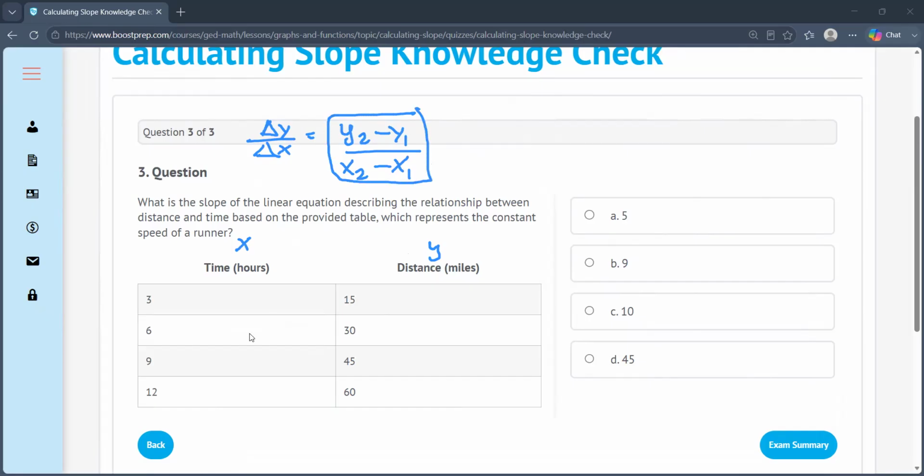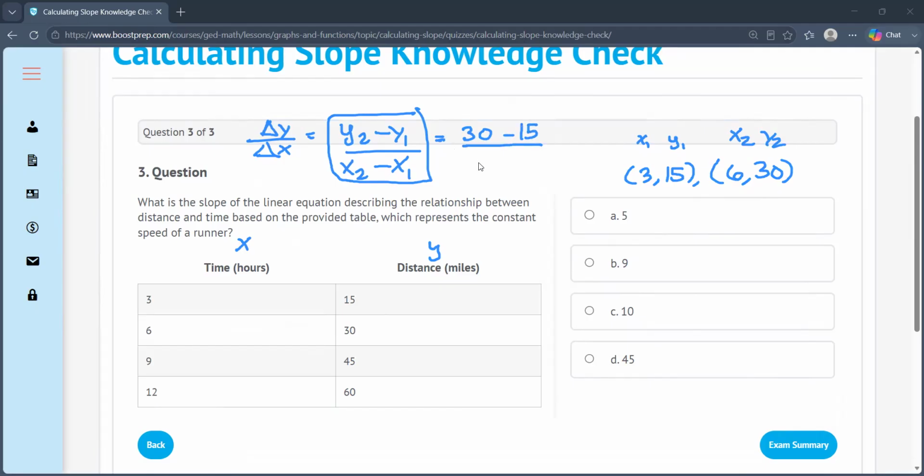So what I'm going to do is pick two random points. It could be any point you like. So if I do 3, 15, and then 6, 30, that's perfectly fine. This is going to be x1, y1, x2, y2. So what is my y2? My y2 is 30. What is my y1? 15.